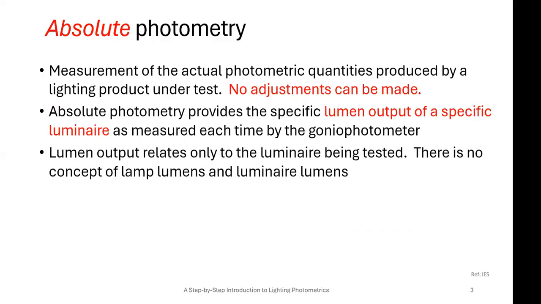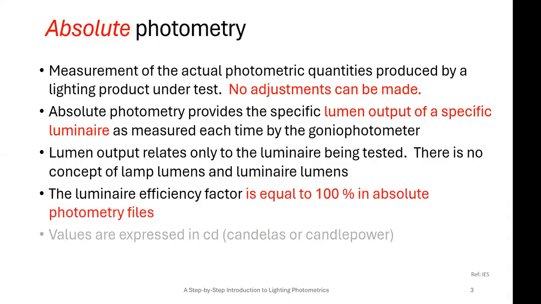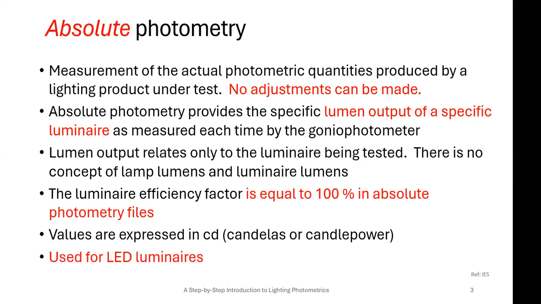And so there is no concept of lamp lumens and luminaire lumens. It's all just lumens. And then the luminaire efficiency factor is equal to 100%, because that's what absolute photometry is. And so the values are expressed in candelas or candle power. And this is again used for LED luminaires.